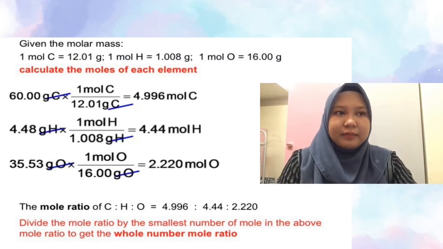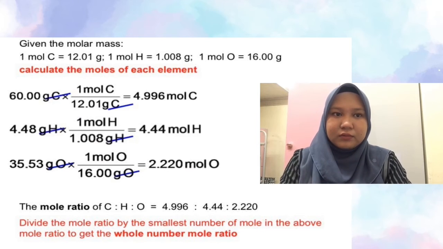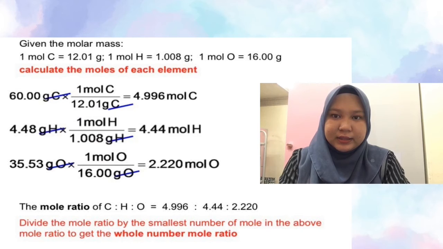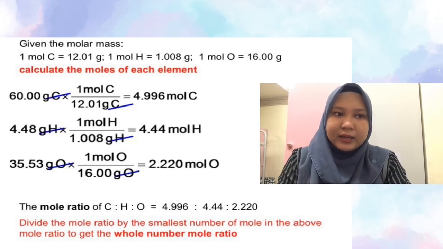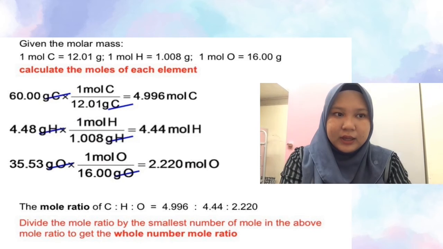Given the molar masses, 1 mole carbon is 12.01 grams, 1 mole hydrogen is 1.008 grams, 1 mole oxygen is 16.00 grams. Calculate the moles of each element. 60.00 grams carbon divided by 12.01 grams per mole equals 4.996 moles carbon.